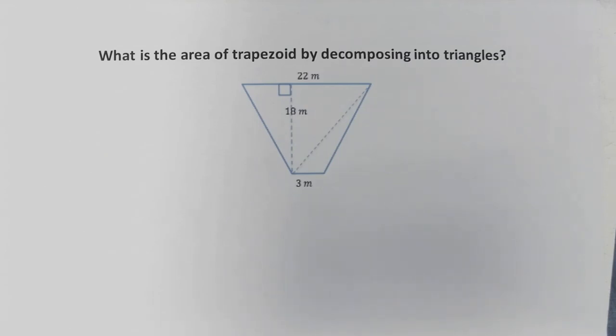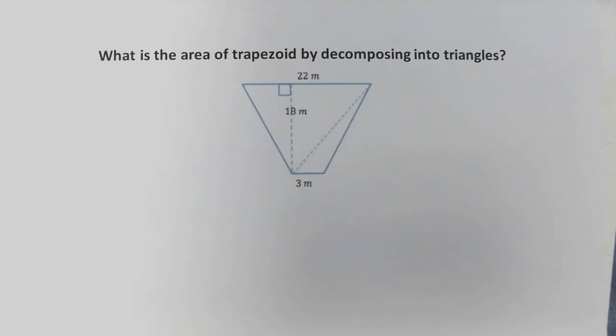What is the area of the trapezoid decomposed by? Good, into triangles. So what shape can we decompose this trapezoid into? 2 triangles. So what are we given?